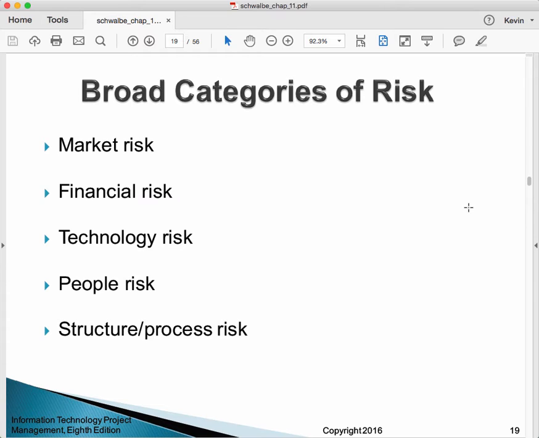Technology risk typically, when I think of it, has to do with how proven is the technology that we might want to use on an IT project. Now, we use a lot of technology these days that is pretty mature. For instance, for storing our data, we'll use relational database management systems.